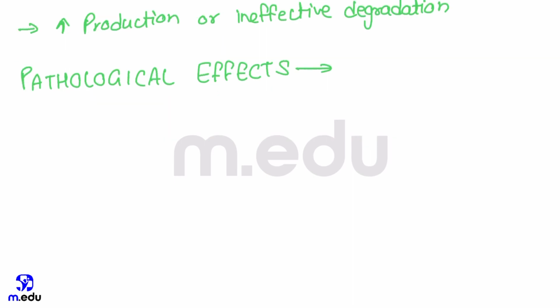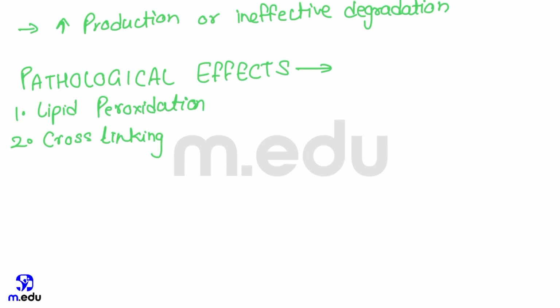Now, the pathological effects of these free radicals is number one, lipid peroxidation in membranes. Lipid peroxidation causes extensive membrane damage.